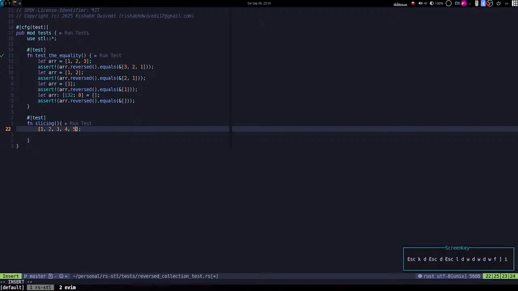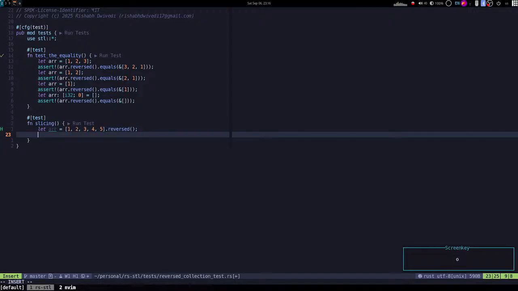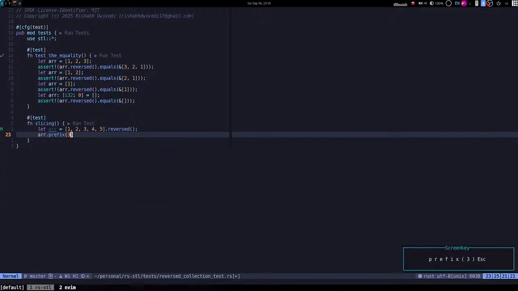And what I can do is dot reversed, let ARR is basically this thing, right? Wow, that's nice. And ARR dot prefix, let's say I take 3 elements from the start. That should be 5 4 3, dot equals 5 4 3, right? That should be the case. So yeah, that's the case.